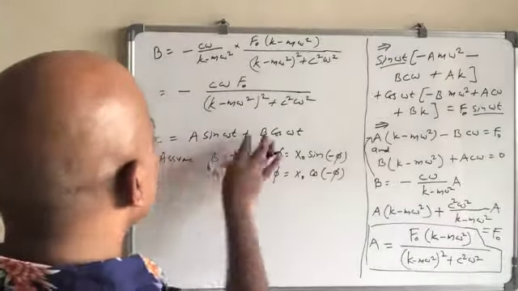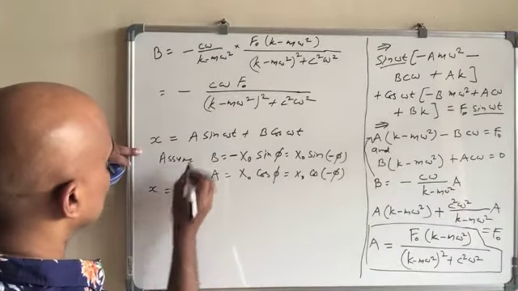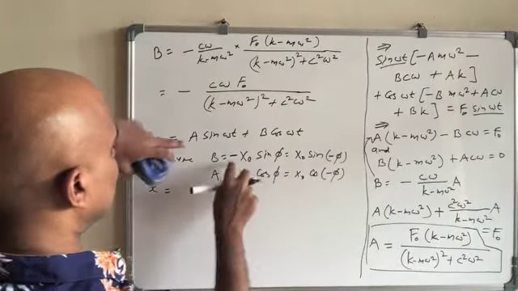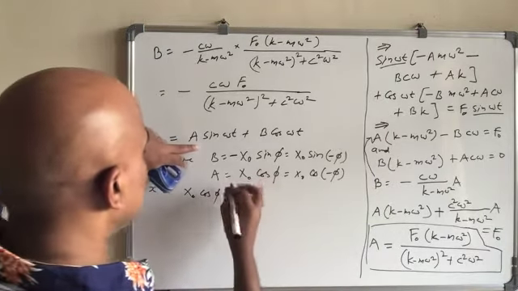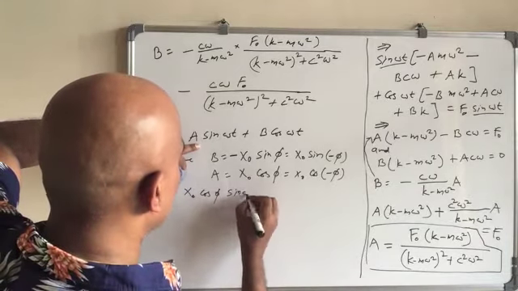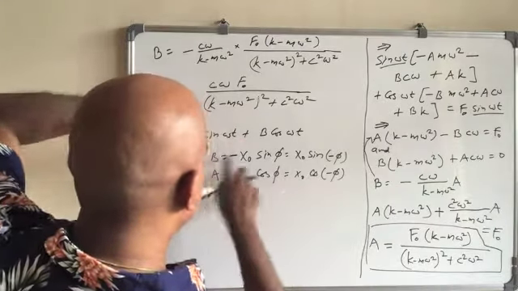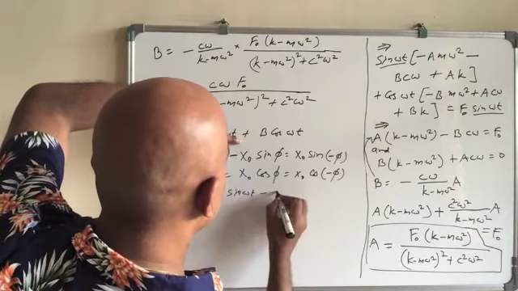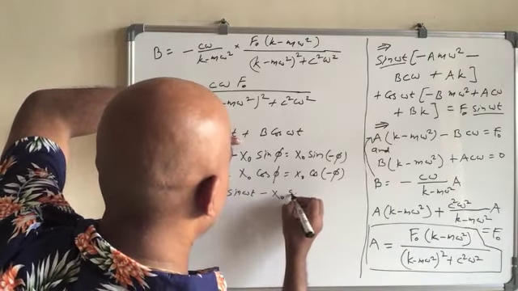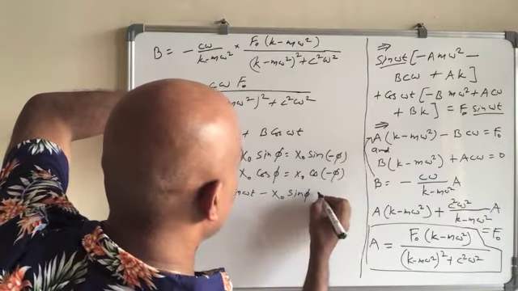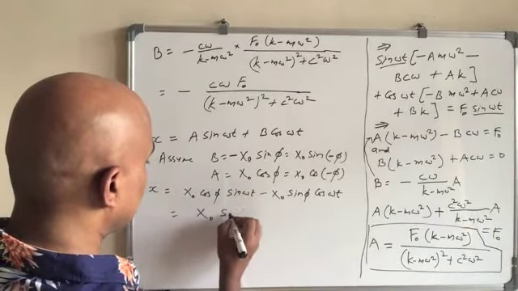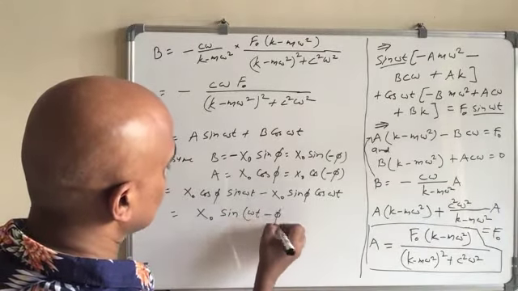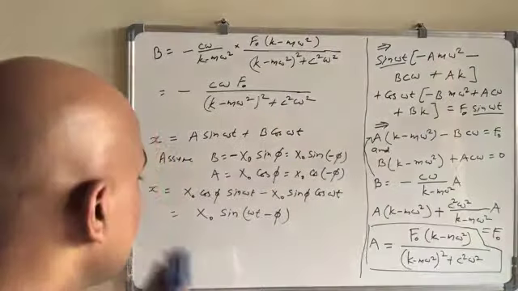Putting this here, we get x equal to x naught cos phi sine omega t, and then b equal to minus x naught sine phi times cos omega t, and hence we get x equal to x naught sine of omega t minus phi. Okay, so that's what we get.